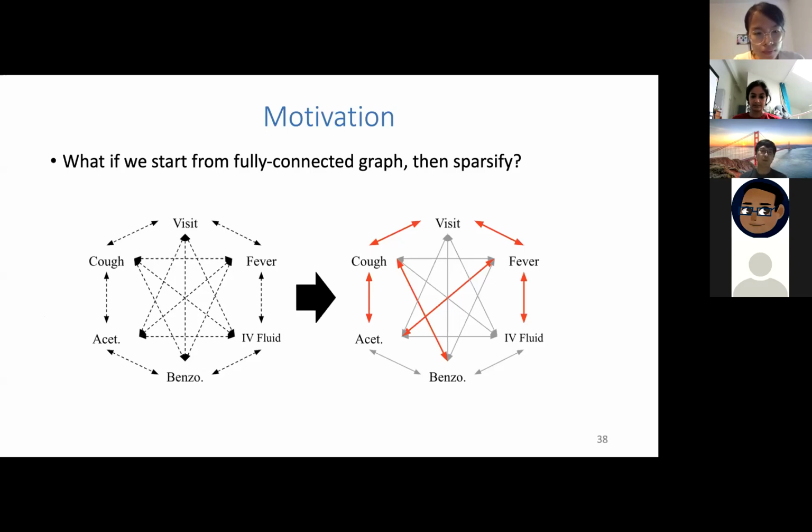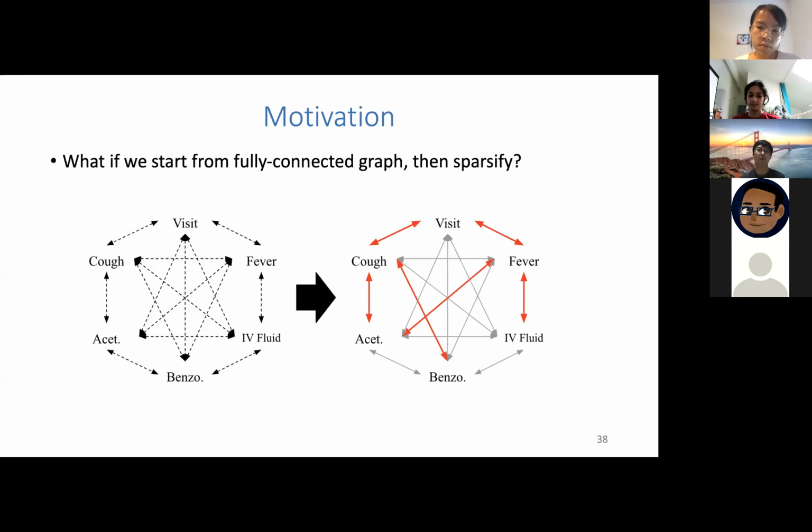The focus is how to represent a single visit. There's a visit node here, and let's assume that this visit contained 5 codes, and we don't know exactly how these codes are related to each other. We just know that they're there, and there is probably a hidden relationship between them that we cannot observe.